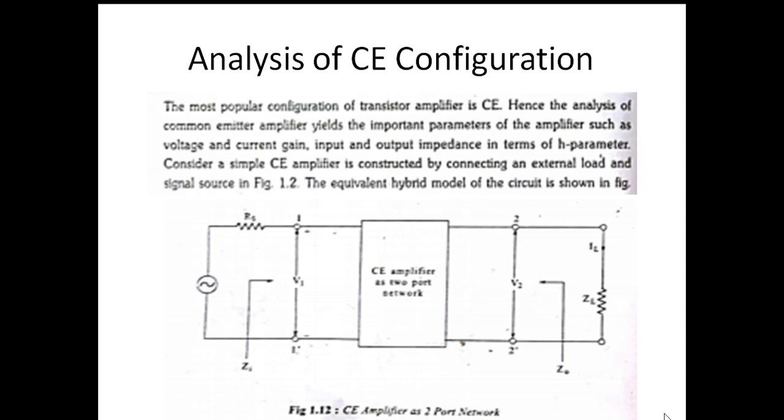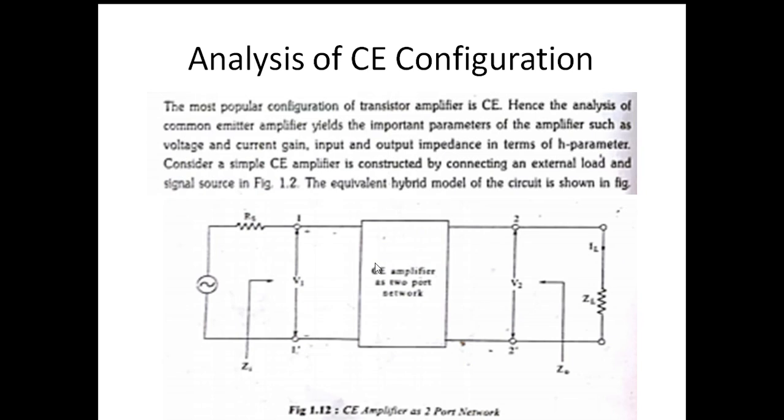Here, consider a simple common emitter amplifier constructed by connecting an external load, that is here ZL. ZL is the external load, and this one is the signal source in the below figure. The equivalent hybrid model of the circuit is shown in the figure.